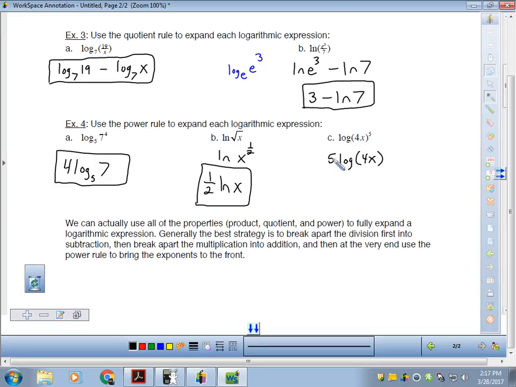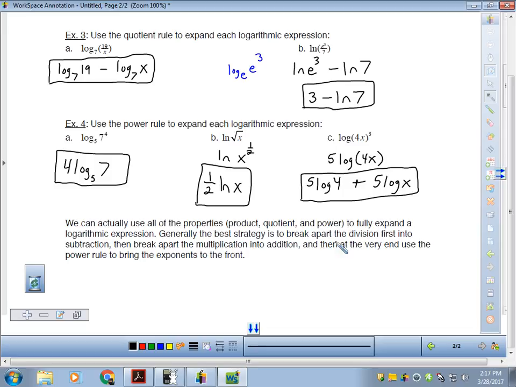And when we do that, that 5 will stick with the log, so you're going to end up with 5 log 4 plus 5 log x. And so that used a little bit more than just the power rule. We use the power rule to move the power to the front, but then we use the product rule to split the product up into an addition.